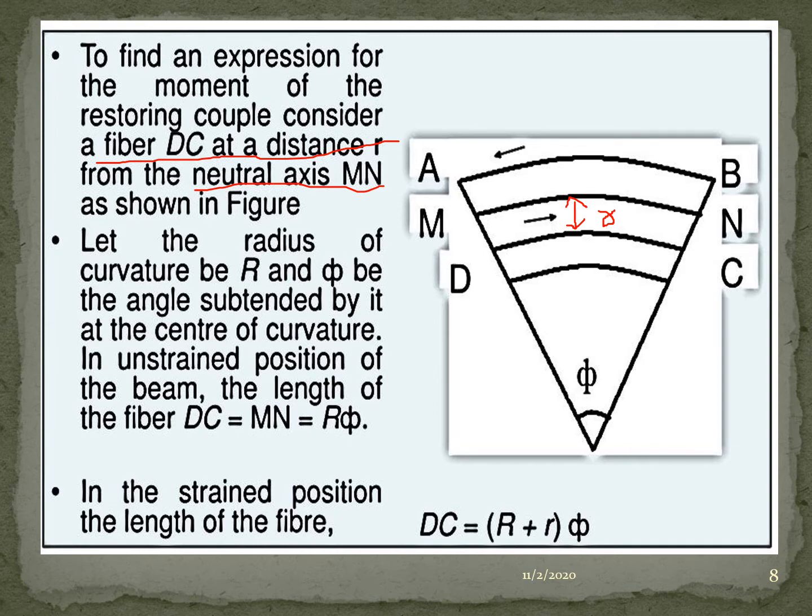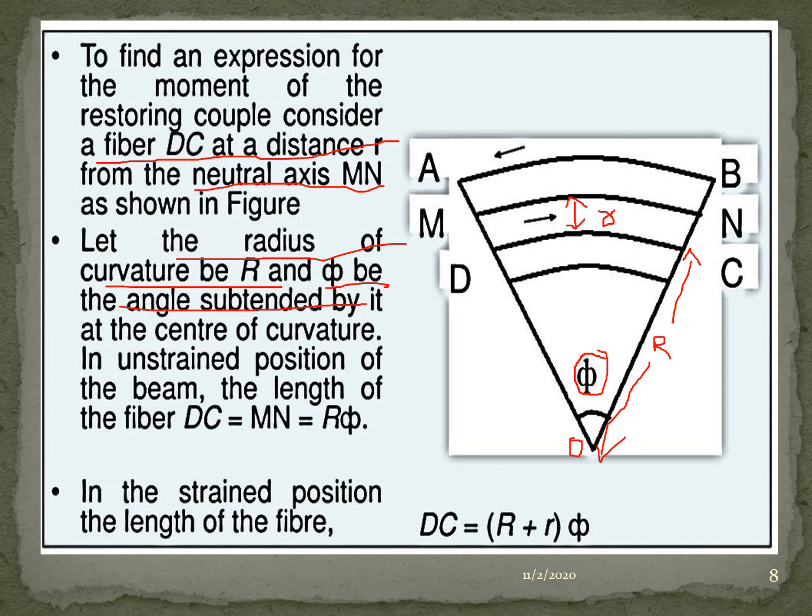Now let us consider the radius of curvature R and phi be the angle subtended by it at the center. Now let me plot here. This is actually the capital R, the radius of curvature from the center of curvature, which is going to be O, and phi is going to be the angle subtended by the length at the center.